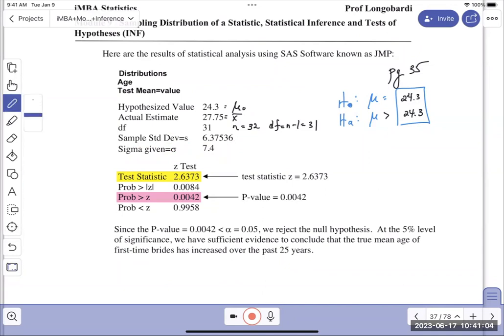So this one is S, and this is sigma. So from this output, we should be able to carry out this test. That's the first step.